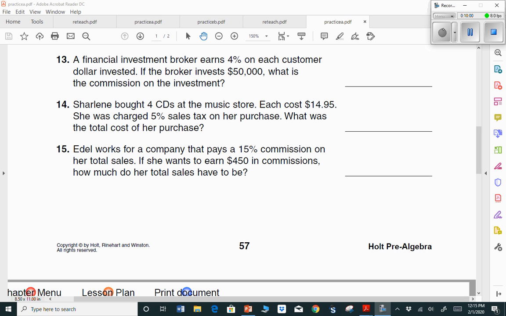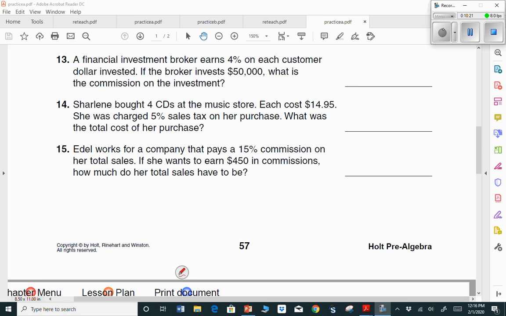Okay, you're definitely going to need to be able to solve some word problems in this section. Number 13 says a financial investment broker earns 4% on each customer dollar invested. If the broker invests $50,000, what is the commission on the investment?